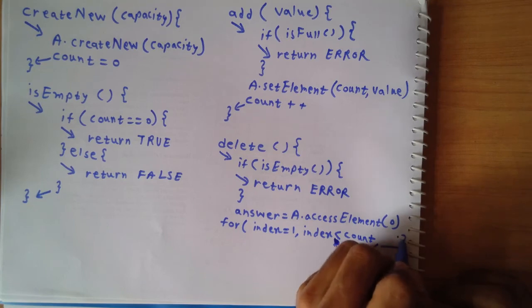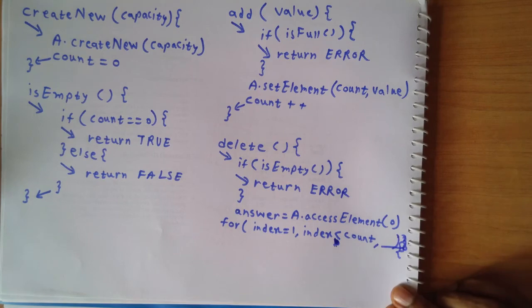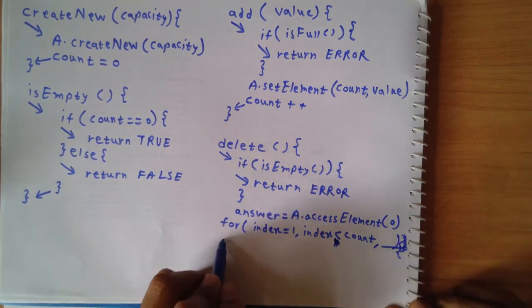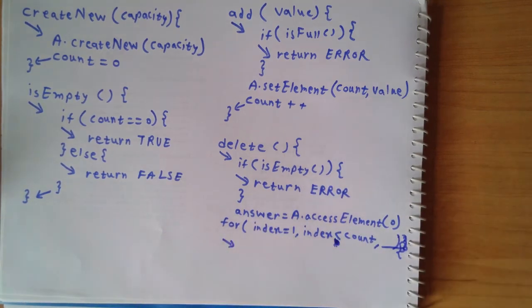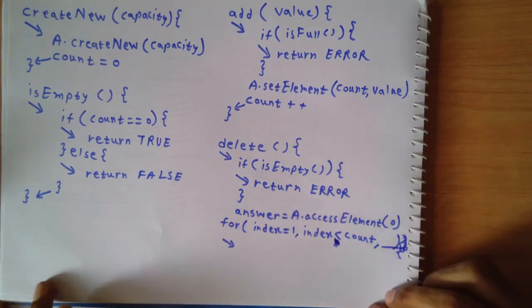Okay, and that's where my loop starts. Now I'm coming one tab inside, and what should I write there? What I should do is I should point to the element at index, and I should copy it to index minus 1.